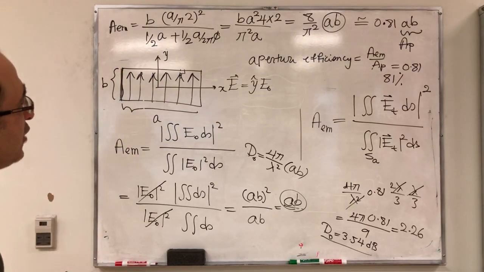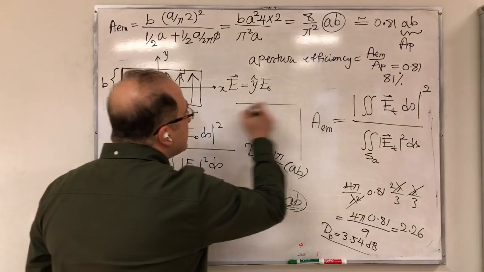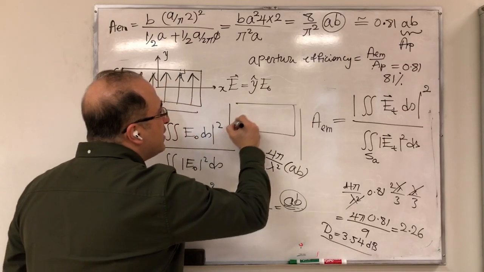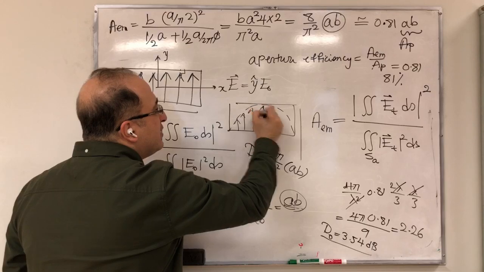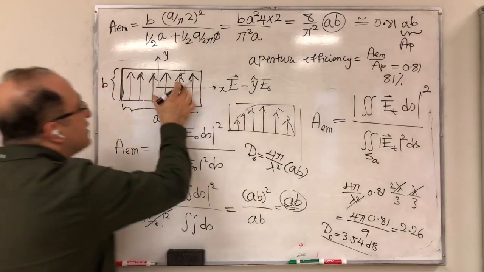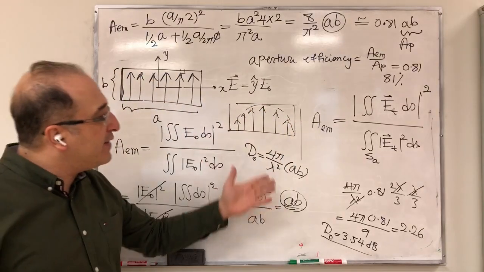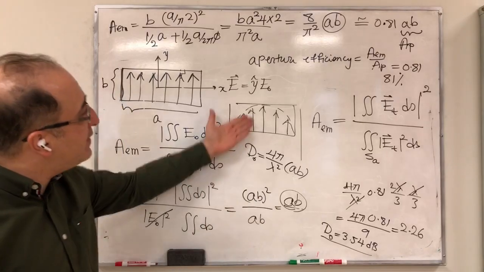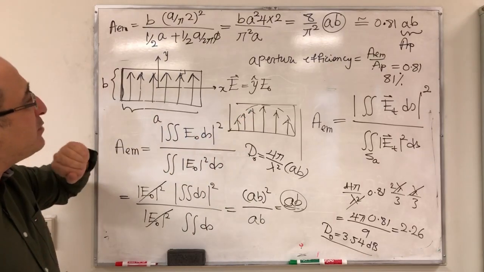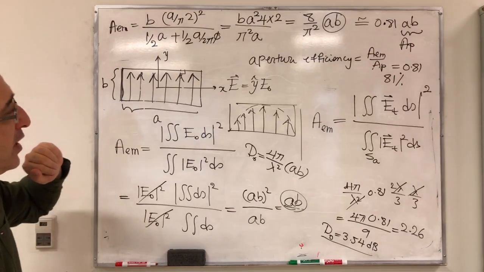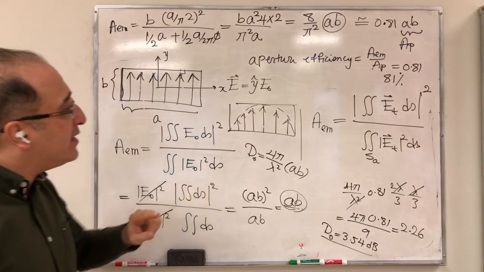But just as a side note, don't think that necessarily having a cosine taper is bad. I mean, of course, the directivity of this type of field distribution is more than this based on the discussion that we had. This one is 81% of physical aperture. This one is 100% of the physical aperture. But that does not mean this is bad.